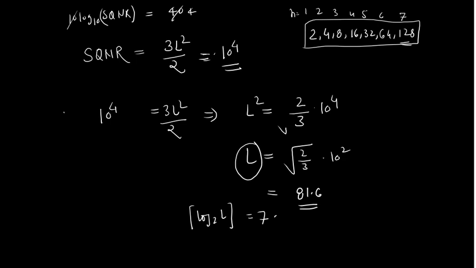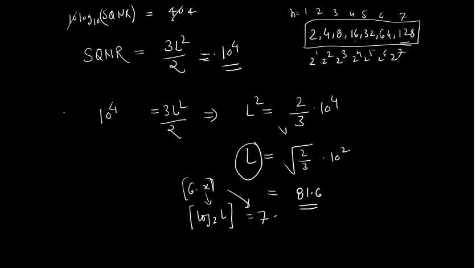There is one way to evaluate the nearest integer of log 2 L. You first evaluate log 2 L, which will come to 6 point something, and then the nearest bigger integer is 7. One more way: the number of levels at the quantizer will be a power of 2, either 2, 4, 8, 16, that is 2 to the power 1, 2 to the power 2, up to 2 to the power 7.